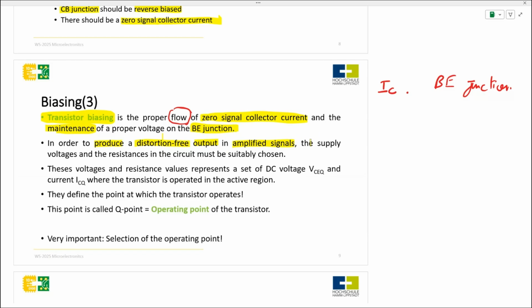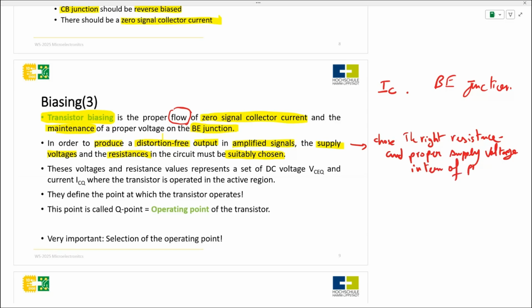Your supply voltage and your resistance in the circuit must be suitably chosen. So you have to choose the right resistance and proper supply voltage.